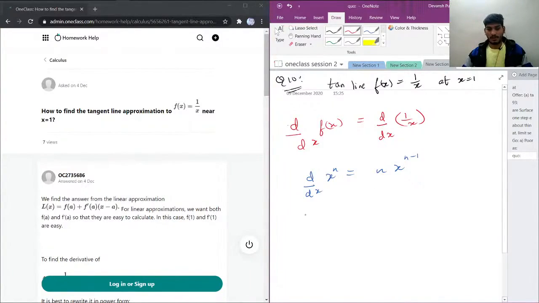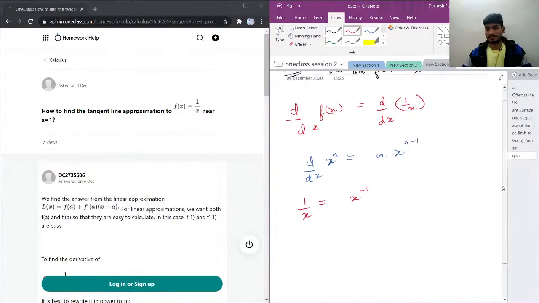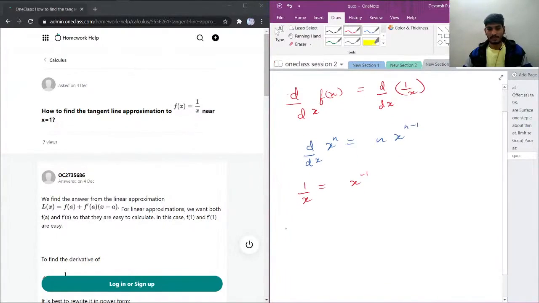For 1 over x, I can write this as x power minus 1. Therefore, d dx of 1 over x is equal to d dx of x inverse.